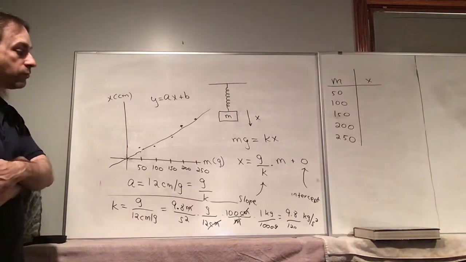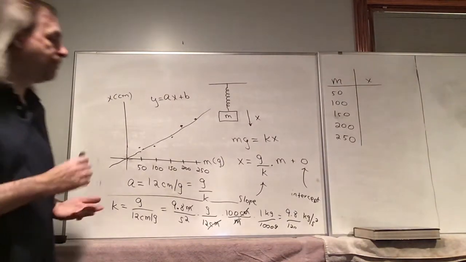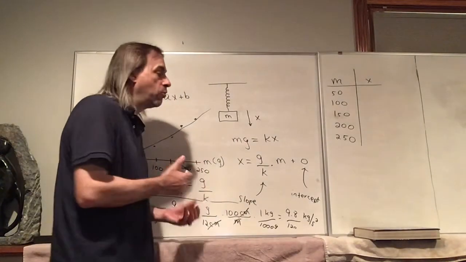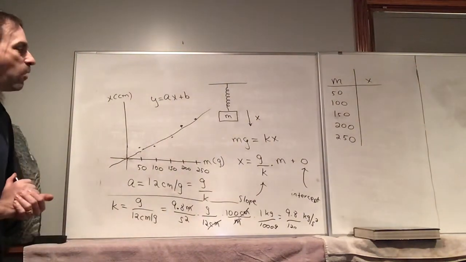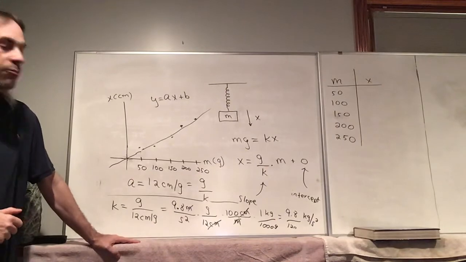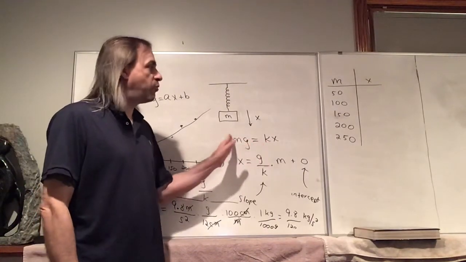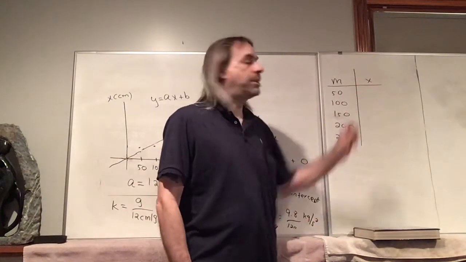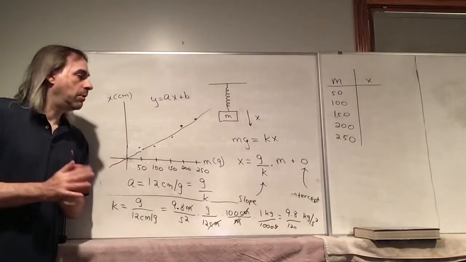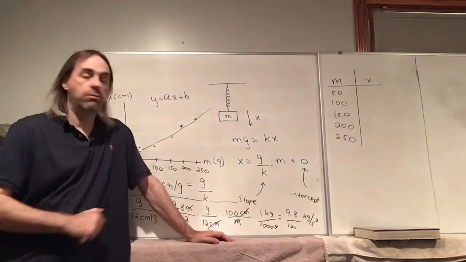So, yeah, this is a very important topic overall: how to use your experimental data to get what you're looking for. And this is just one example, and it turns out this was kind of an easy example. The reason it was easy is because the relation between our data, the mass and the stretch, is, according to our theory, linear.